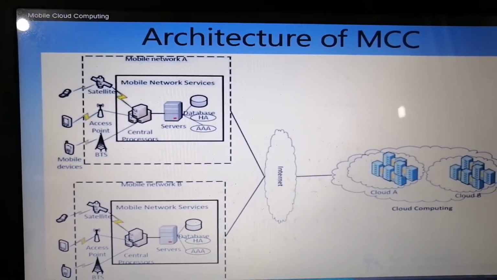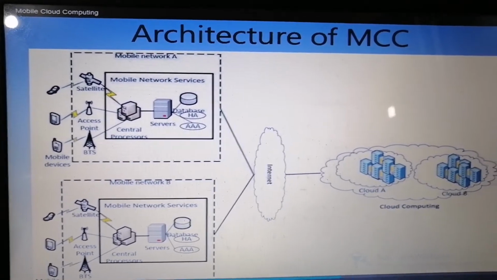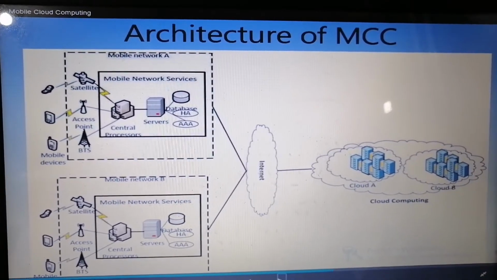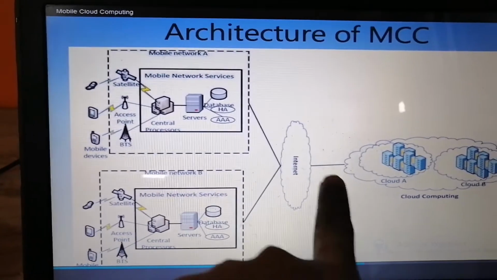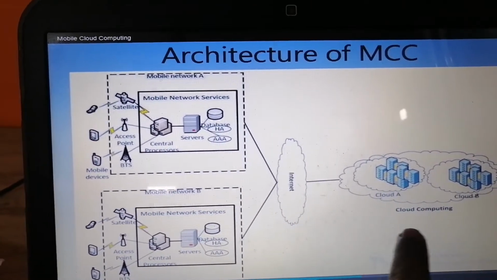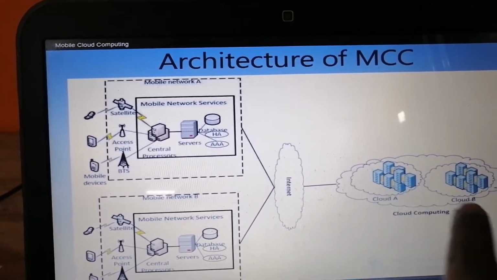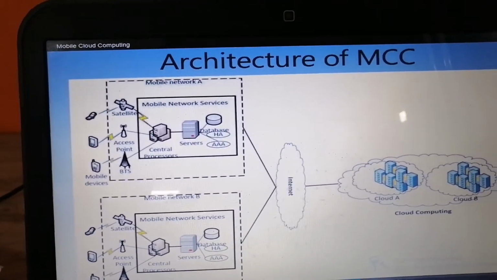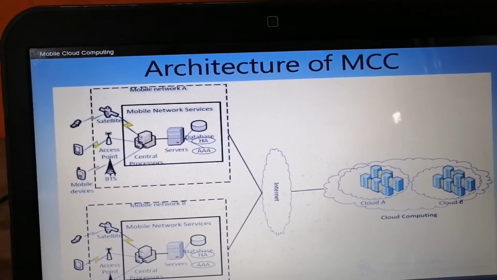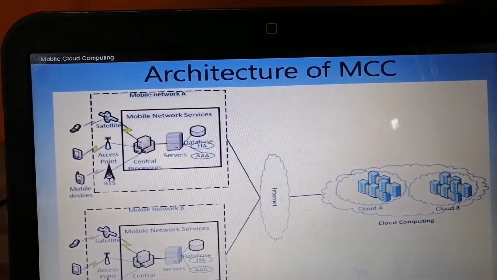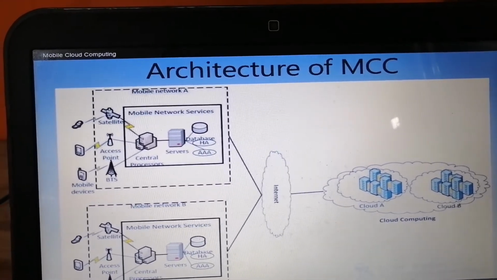These mobile networks are connected to the cloud computing. You can see on the right-hand side the mobile cloud computing, where there are a number of clouds, which are nothing but the data servers provided by the service provider.